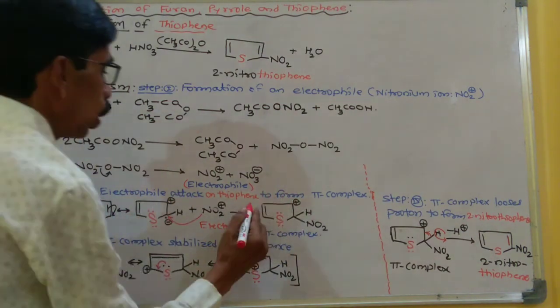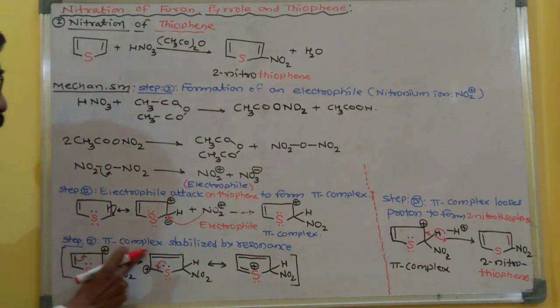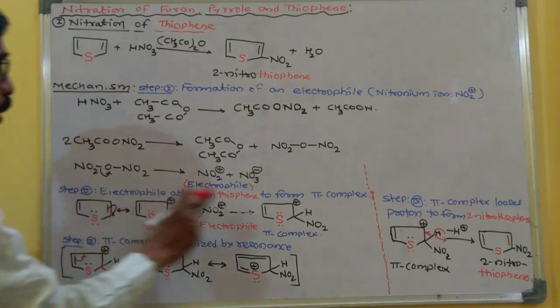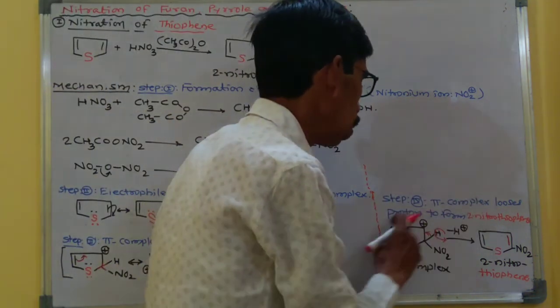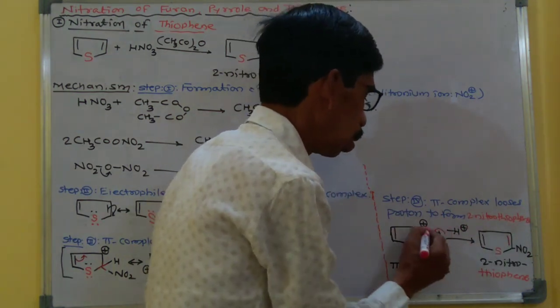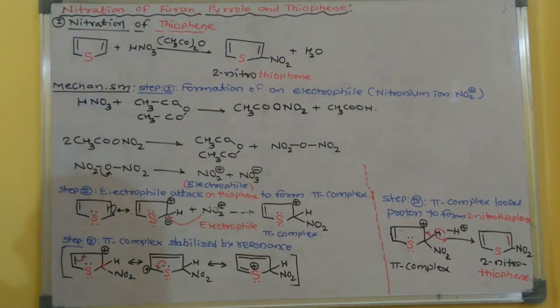So this is the formation of the pi complex. Then step third is the pi complex stabilized by resonance. Same, in place of oxygen, S is substituted. And the last step is the pi complex loses a proton to form 2-nitrothiophene. So these are the three mechanisms: nitration of furan, pyrrole and thiophene.